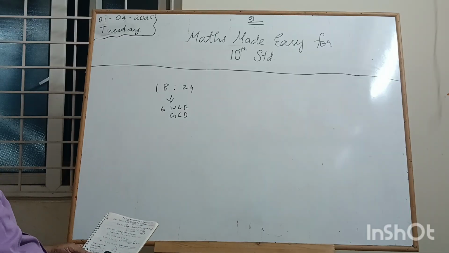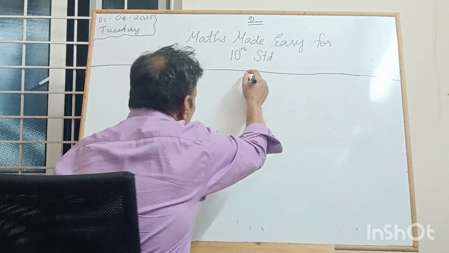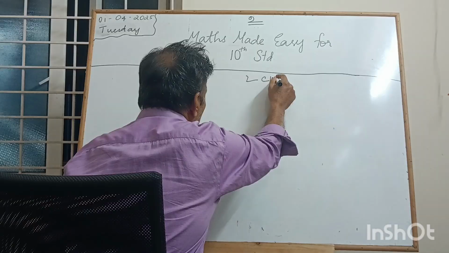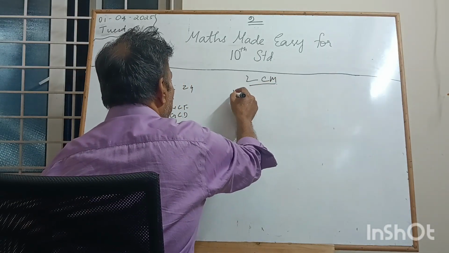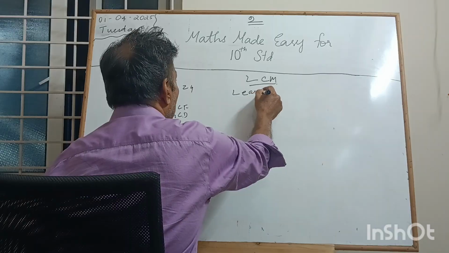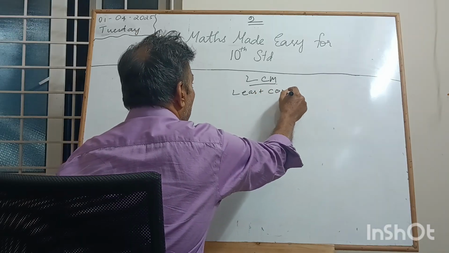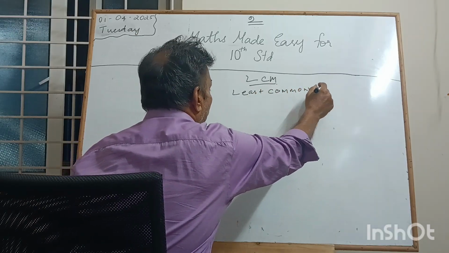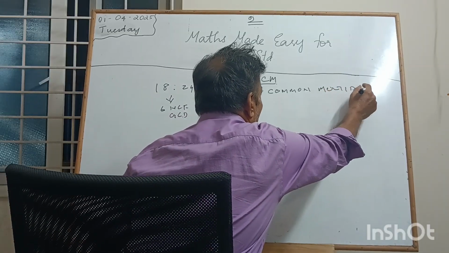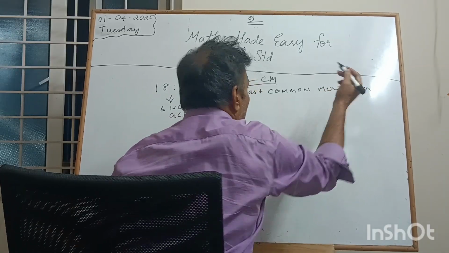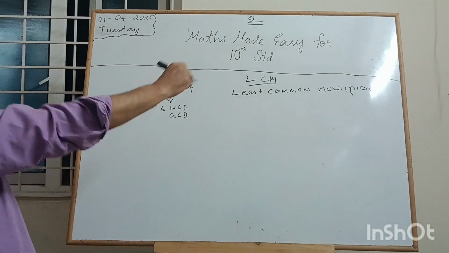Now, what is called LCM? LCM is called least common multiplier. Okay, sorry for my language.